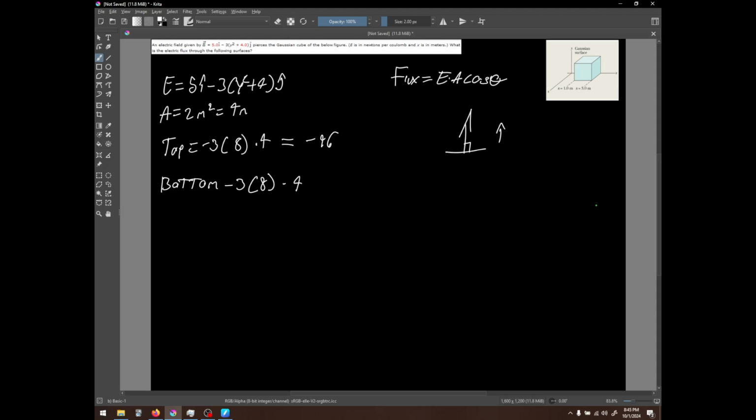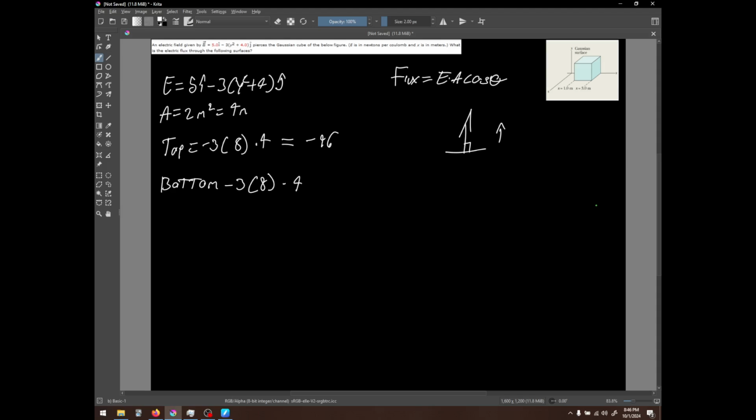Why isn't that the same? Is it negative flux? Cosine -90, which is -1, would be times -4. It would just make it a positive.